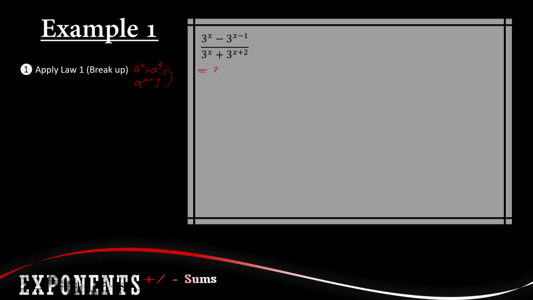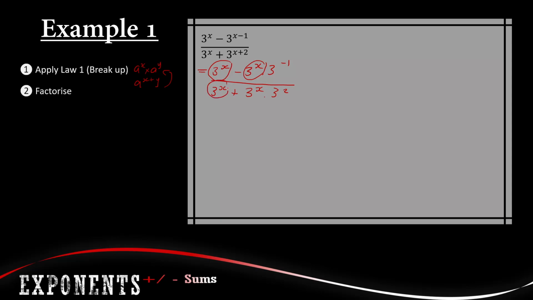We're going to say 3^x minus 3^x times 3^(-1), and that's over 3^x plus 3^x times 3^2. All right, so I've just broken up those two. Next step, we are going to factorize. Because we have more than one term, we can factorize, and this 3^x here and here is a common factor for the numerator and also for the denominator.